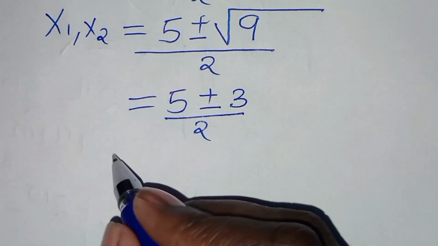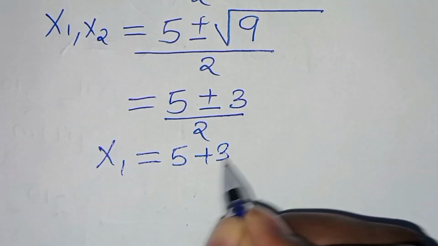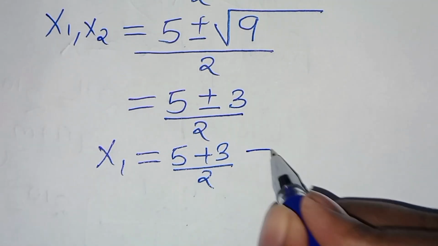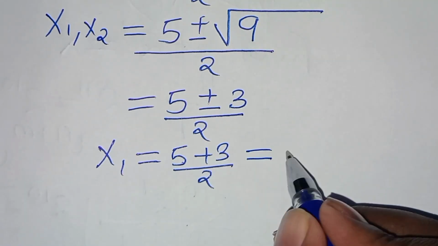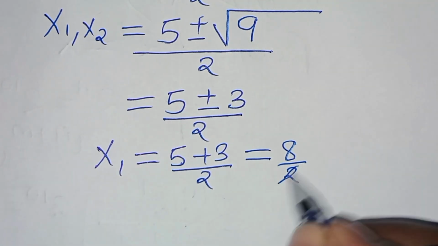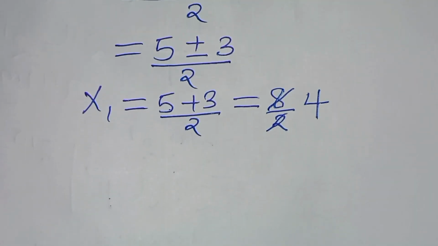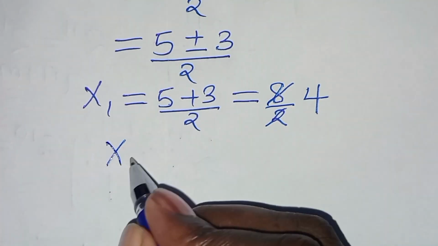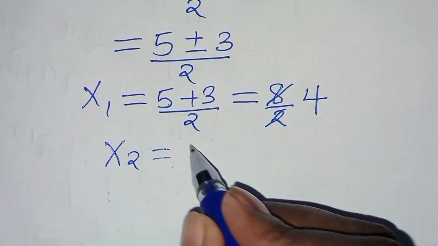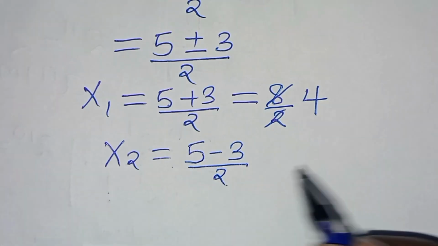So in this case, x1 is equal to 5 plus 3 over 2, and this is 5 plus 3, this is 8, divided by 2. If you simplify, x1 is equal to 4. For x2, this is the same thing as 5 minus 3 over 2.